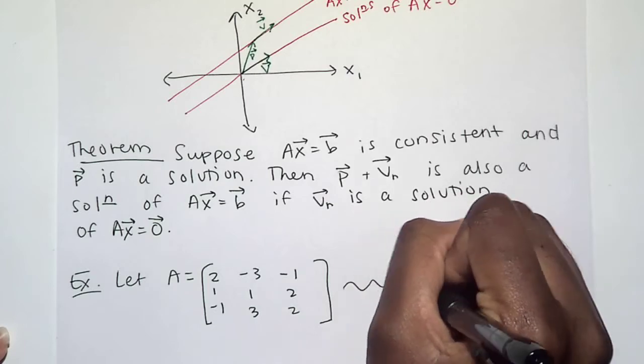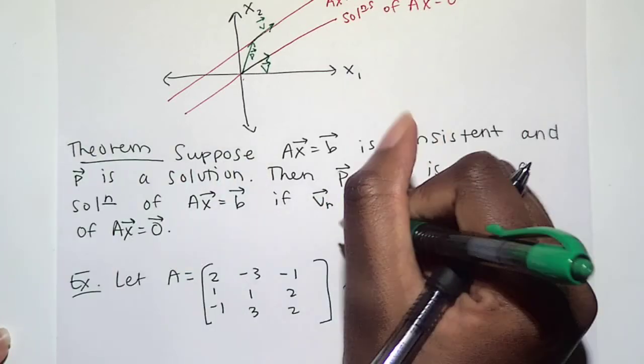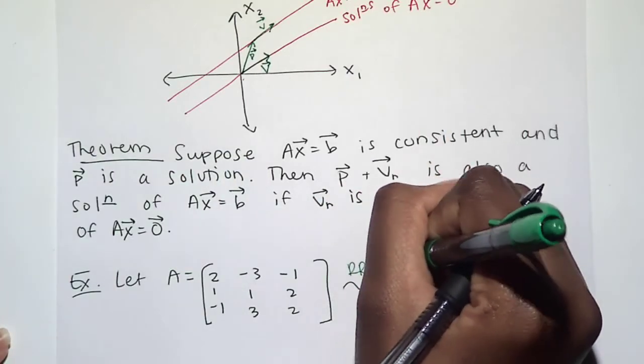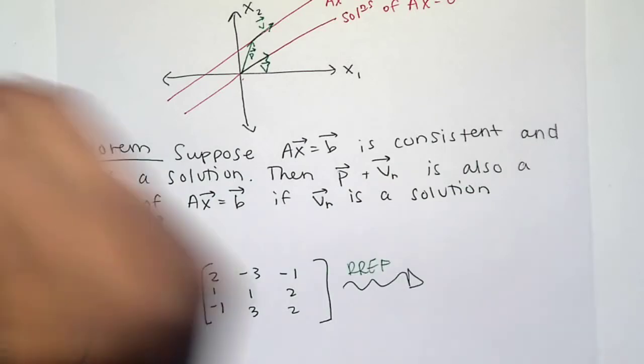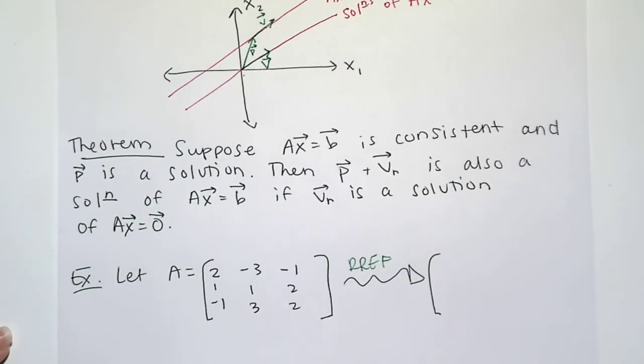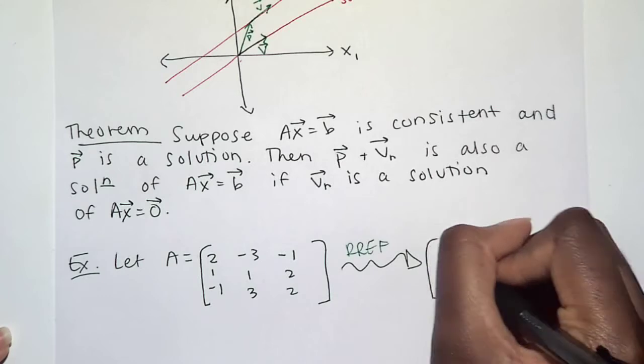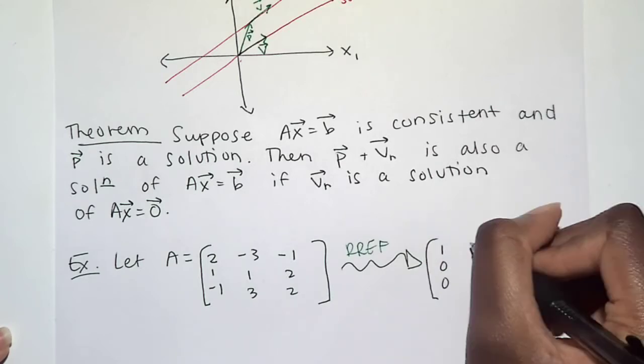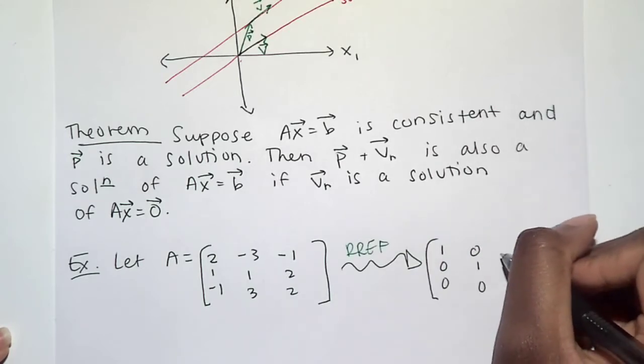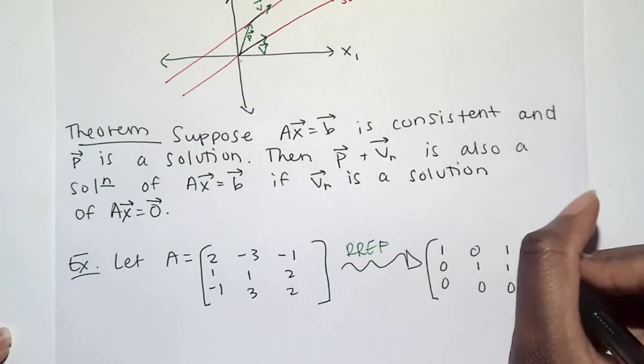And I'm going to row reduce it into RREF. All right, so this is just a regular matrix, not an augmented matrix. 1, 0, 0, 0, 1, 0, 1, 1, 0.